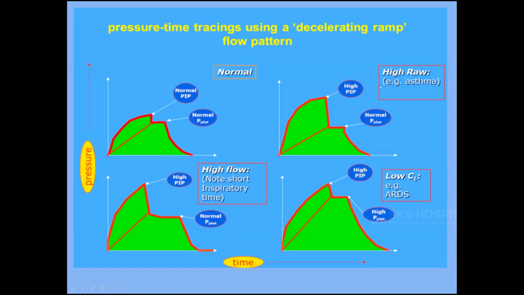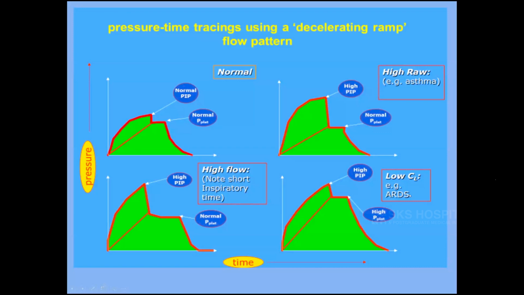And when the airway resistance is high, the peak pressure goes up, but the plateau pressure remains normal. Again, if the flow is high, on the left bottom, the peak pressure again increases. However, if you look at the slope, how much time it has taken, the inspiratory time is shortened with a higher flow. Please do make a note of it.